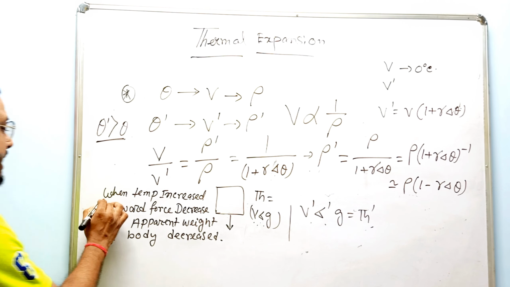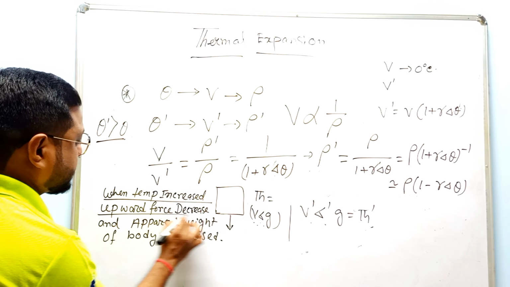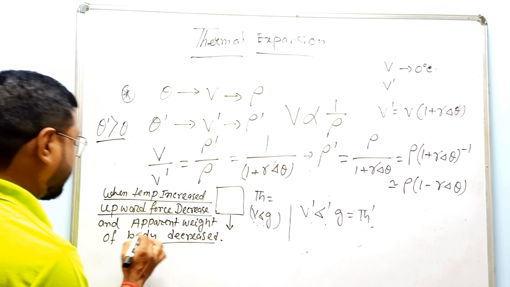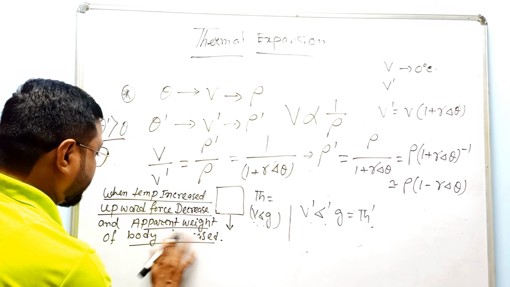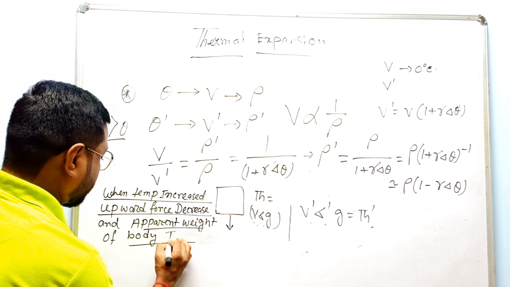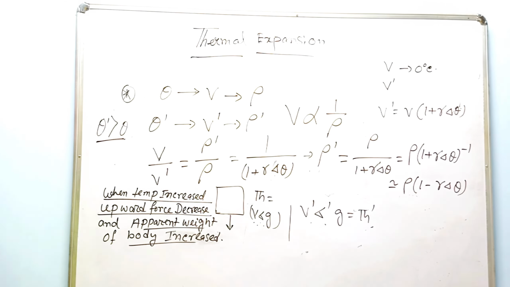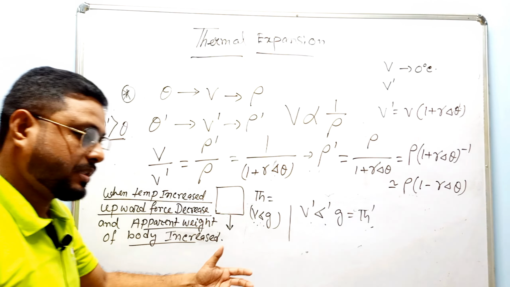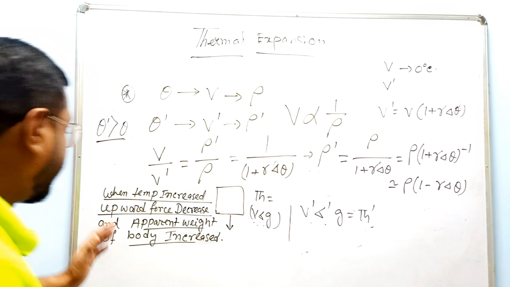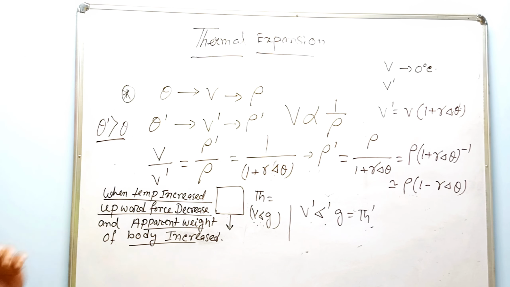When temperature increases, the upward force decreases and the apparent weight of the body increases, not decreases, sorry, my mistake, increases. So when temperature increases, the upthrust decreases, and when upthrust decreases, apparent weight increases.